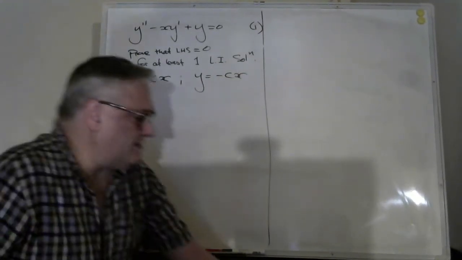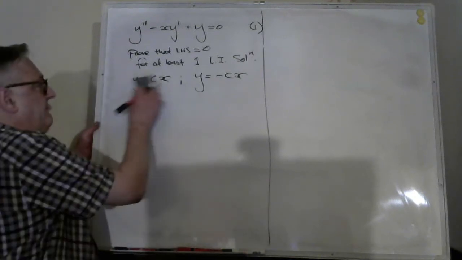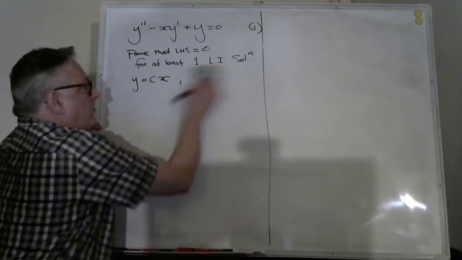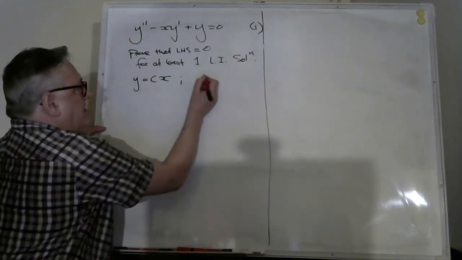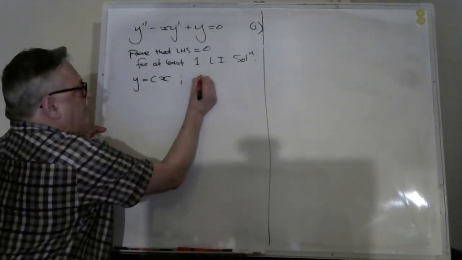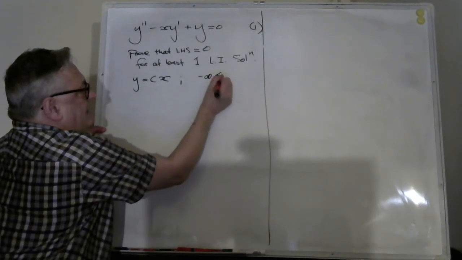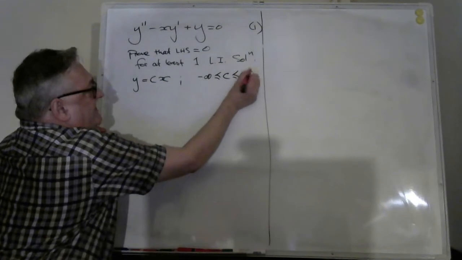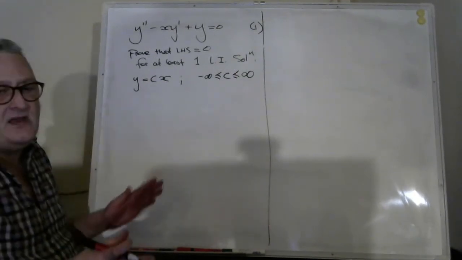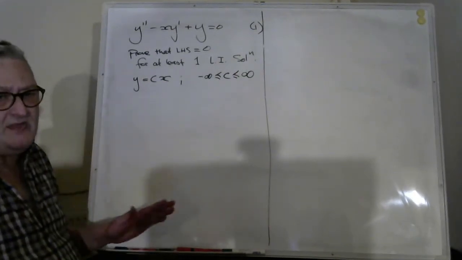But what we're going to do is we're just going to deal with the positive version of this for now. But we can say that minus infinity is less than or equal to c, which is less than or equal to infinity. So c takes any negative or positive value.